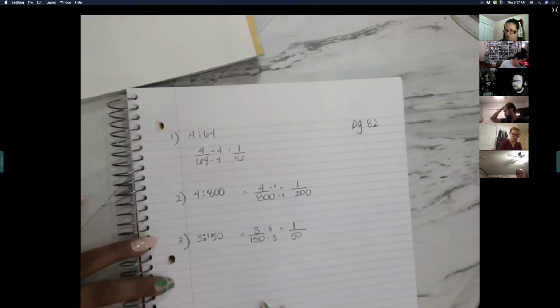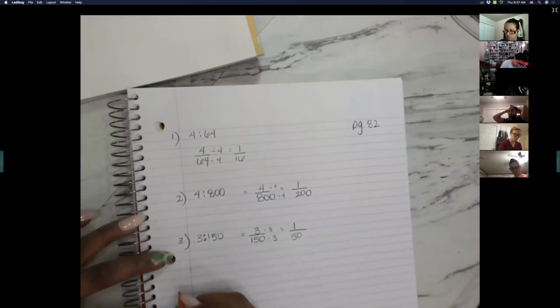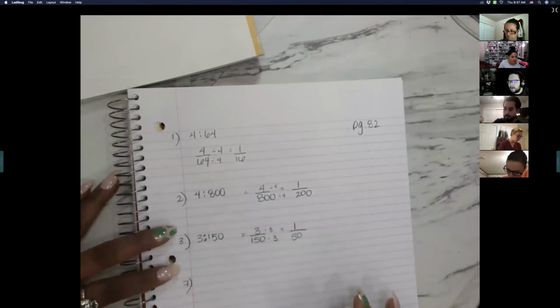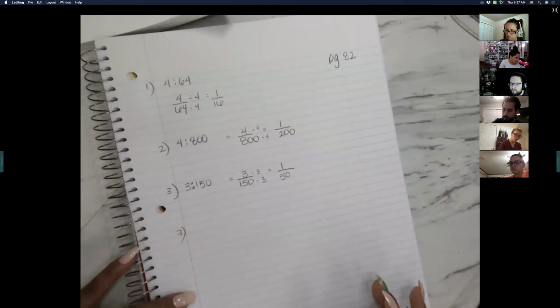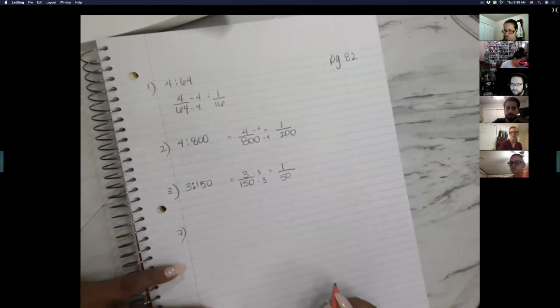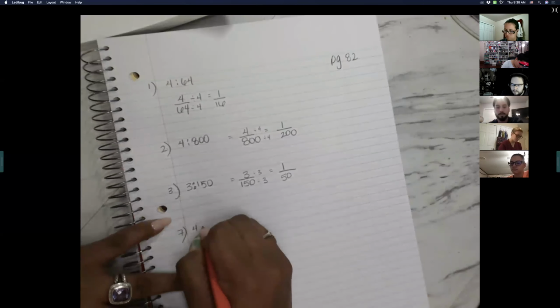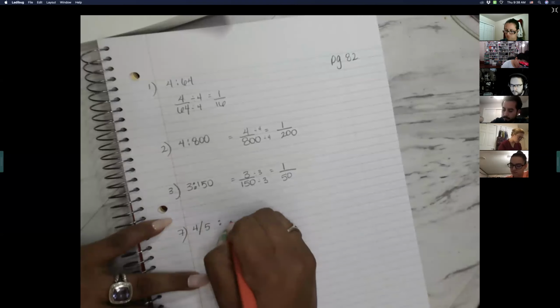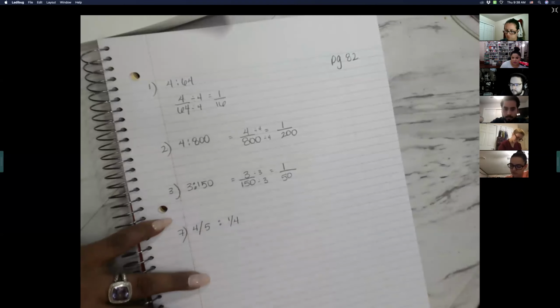Let's do number 7 of the same section, just because I have not seen this on one of y'all's tests, but you never know. Okay? So 4 over 5 to 1/4. What is that going to look like as a fraction?